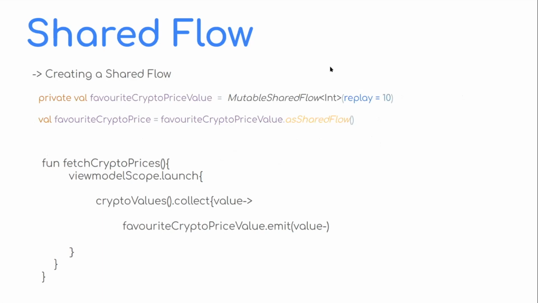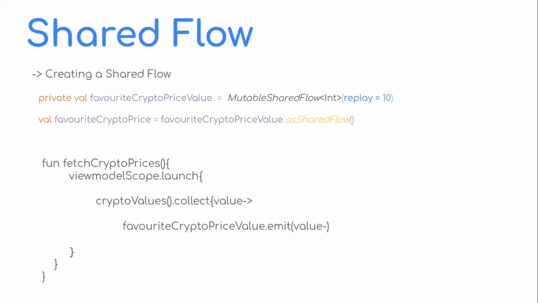So how do we create shared flow? We can see it is more or less similar to LiveData, but with a mutable shared flow we have a replay. A replay is the number of values that we want to be emitted to all the consumers when, let's say, one consumer comes late and another one comes late and the data is already being propagated.